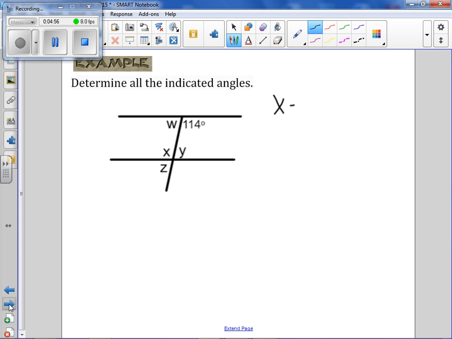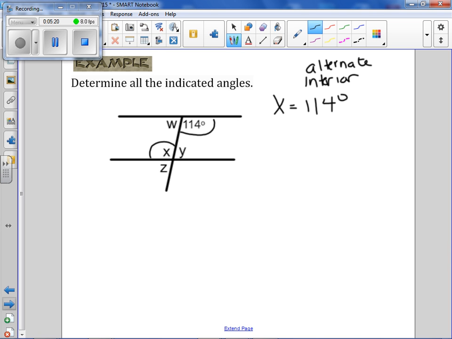Now 114 and X, they are both interior angles on opposite sides. So they are alternate interior, and those are equal. So X has to be the same as 114 degrees.